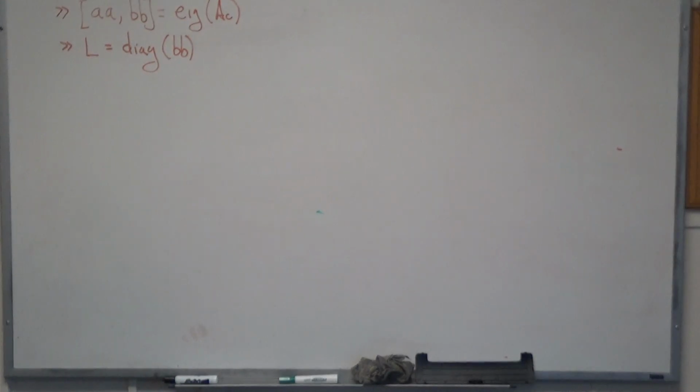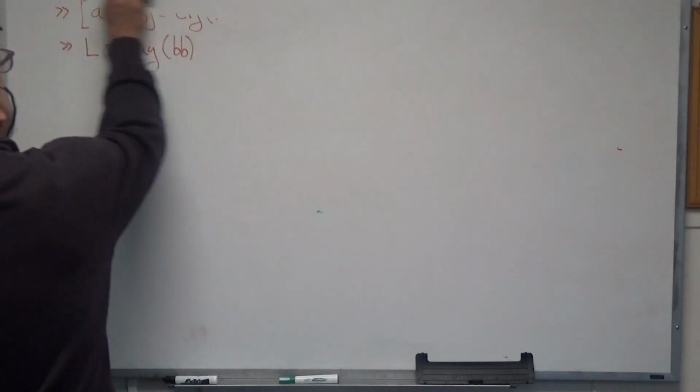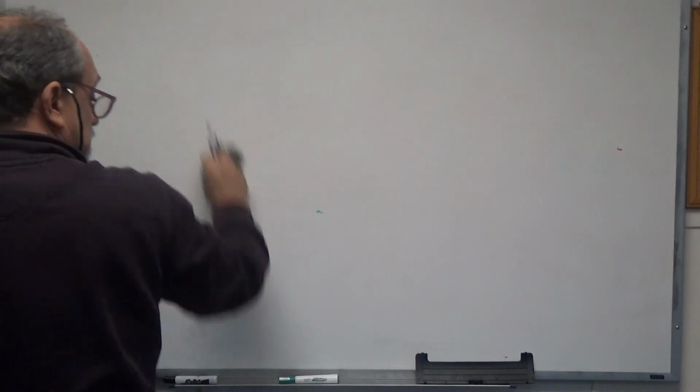Okay. So I'm just checking to see if it looks fine. It's a little bit at the edge, but I guess it's fine. Maybe I should write a little bit bigger. So L is diagonal. Yeah, let me write a little bit lower and a little bit bigger.